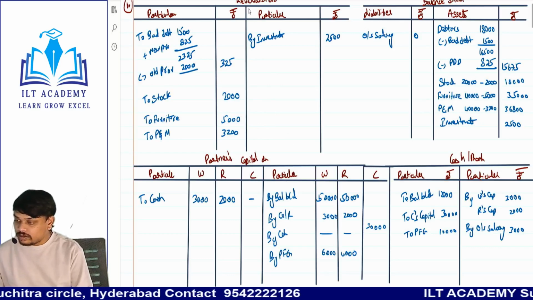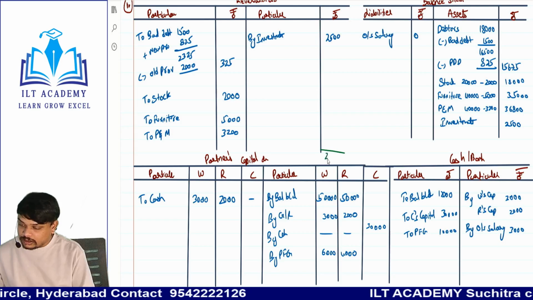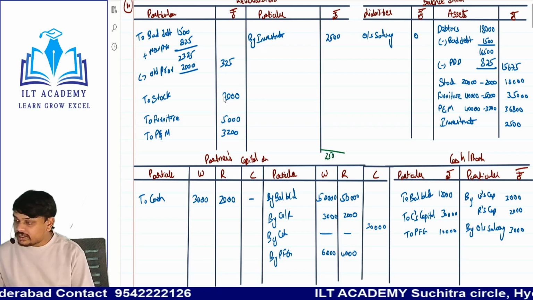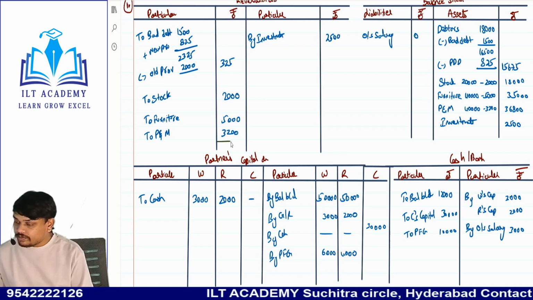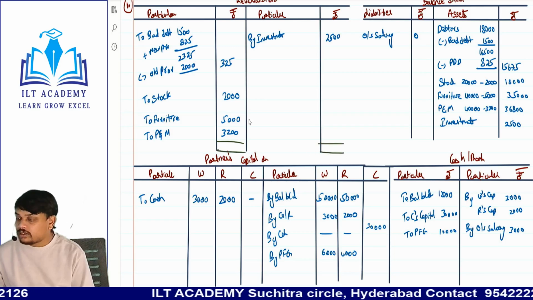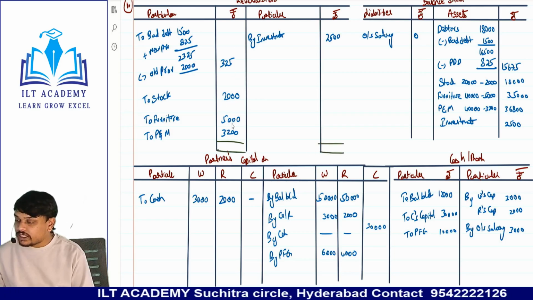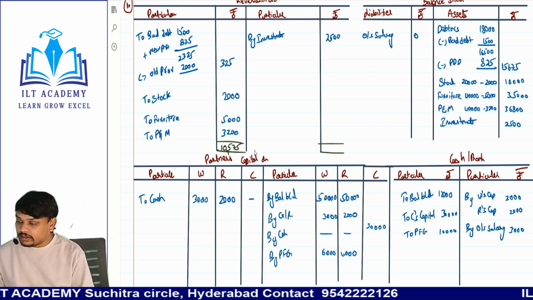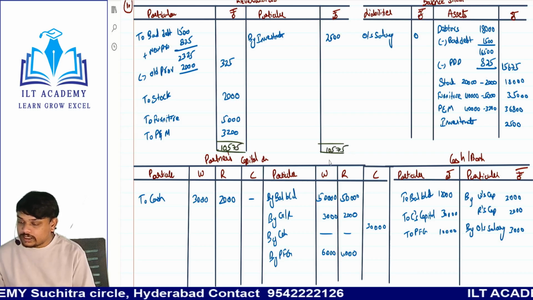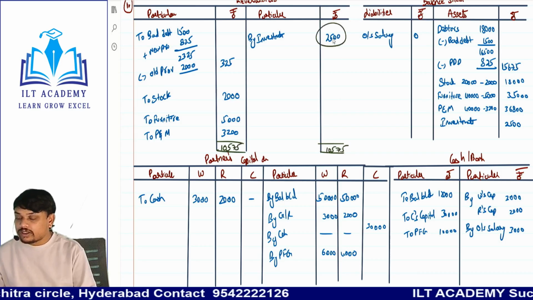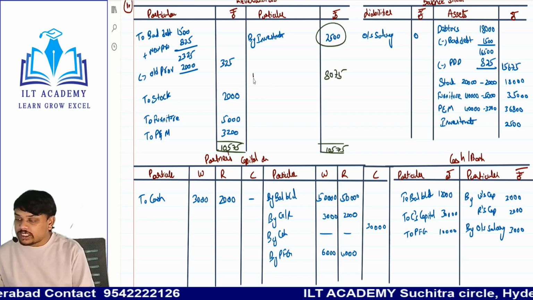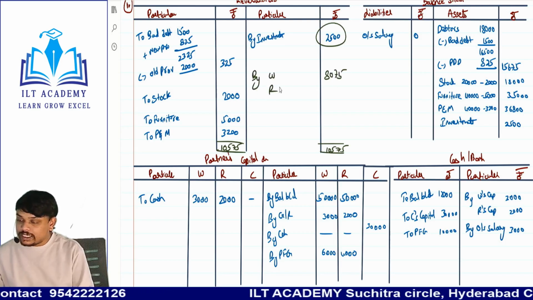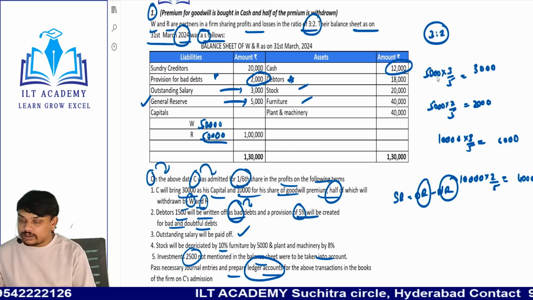So if you see now, the total is 2,500 on credit side, and on the debit side we are having 2,325, 577, then 10,575. Total 10,575. Out of this 10,575, if you subtract 2,500, you will have 8,075, which is to be shared among W and R in 3:2 ratio.